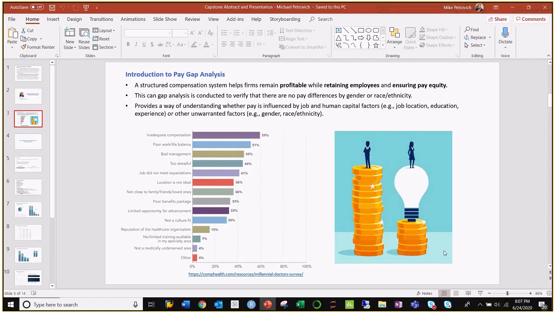Also, part of the framework should drive towards pay equity, which really means that out of all the variables that play into pay, so for example, maybe the level of education, the years of experience someone has, the industry where they come from, gender or race, ethnicity, for example, should not play a role like other variables play a role, right? So part of the pay equity analysis is first to make sure that the compensation structure actually is working, or two, that it's actually implemented well. Because one thing is for it to be developed, the other thing is actually to be executed by management.